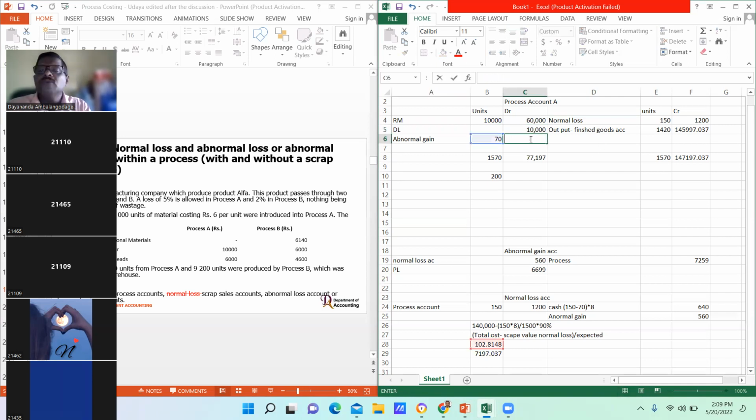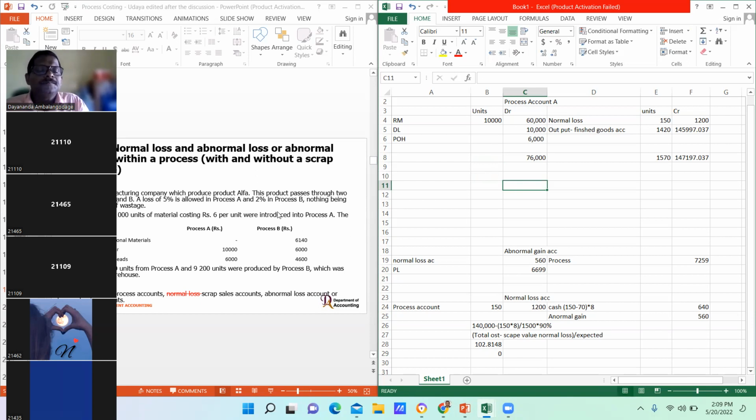And also we have production overheads, which is 6,000. So altogether total cost is 76,000. I just put the 10,000, but we will see what it is later on.